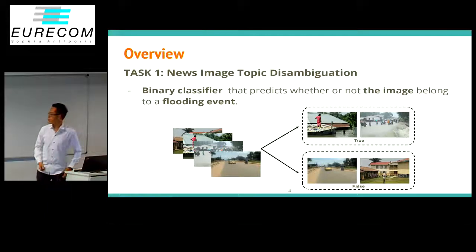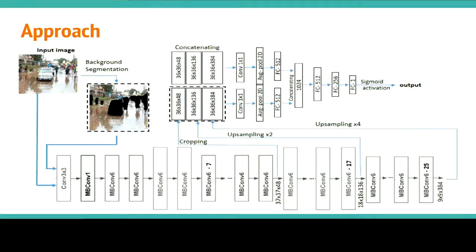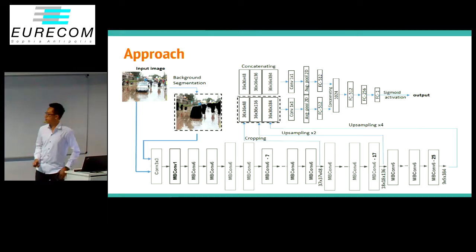We need to build a classifier to predict whether an image belongs to a flooding event or not. Their approach is, from the input image, they go through a background segmentation to remove all the humans and all the objects that appear in the image, so that they can enhance the attention of the network on the backgrounds.